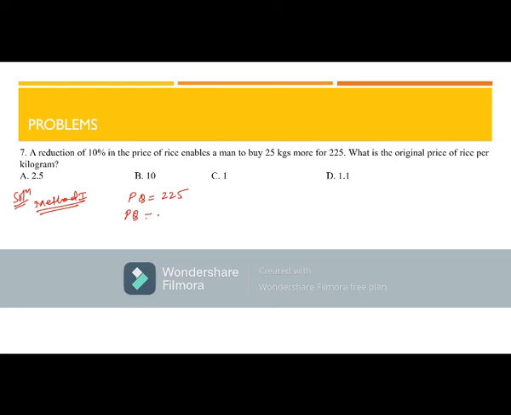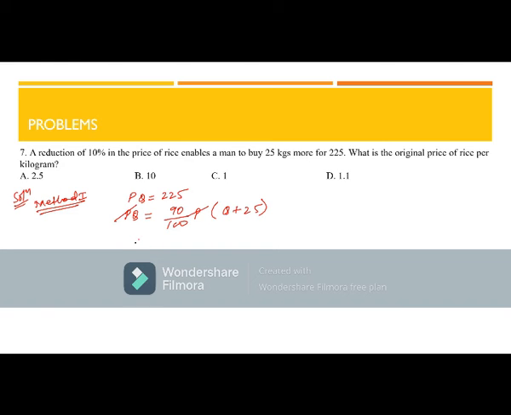Also, we know that price into quantity equals the price after a 10% reduction. So 90%. 10% is gone. How much percentage is remaining? 90%. 90% of price into 25 kg more. So quantity has been increased by 25. So P and P get cancelled.